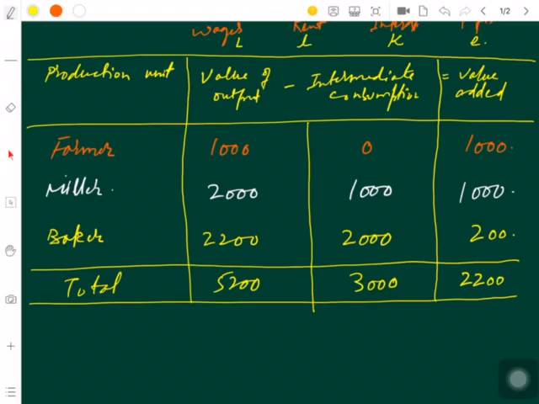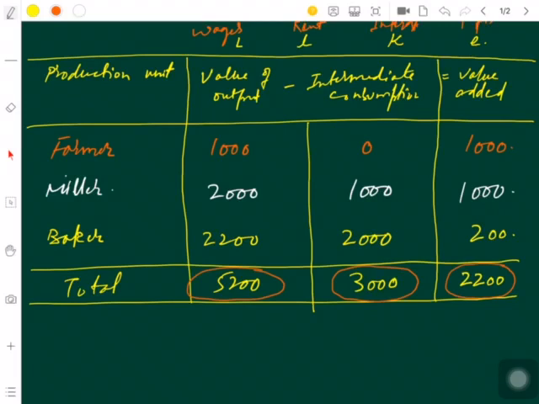So the total value of output in an economy is equal to 5200 rupees. The total intermediate consumption by all the producing units is 3000 rupees. And if we subtract the two, the total value added in an economy here is 2200 rupees.